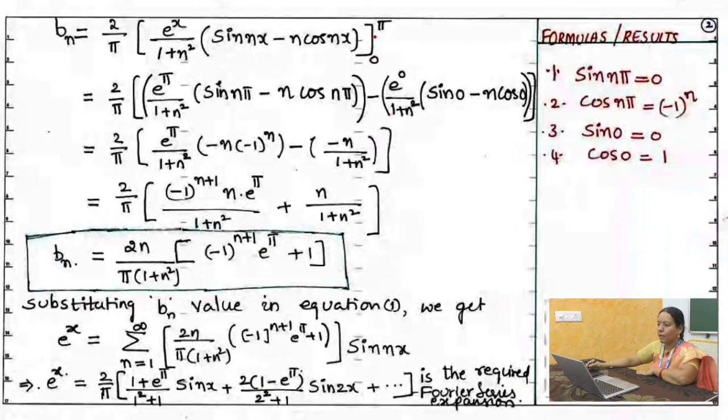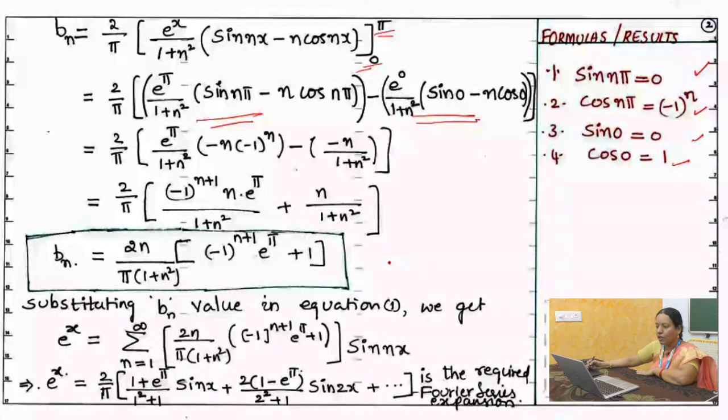First apply the upper limit, you got this value, and then apply the lower limit, you got this value. Now use the formulas sin n pi equal to 0, cos n pi equal to minus 1 power n, sin 0 equals 0 and cos 0 equals 1 here.